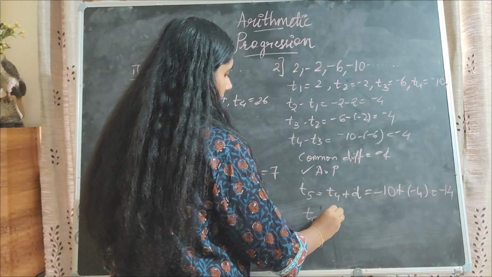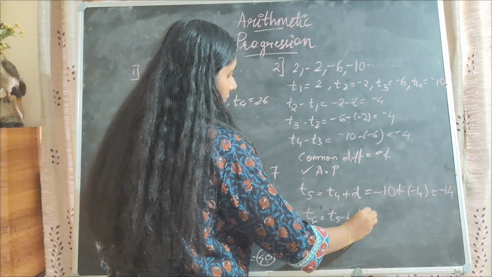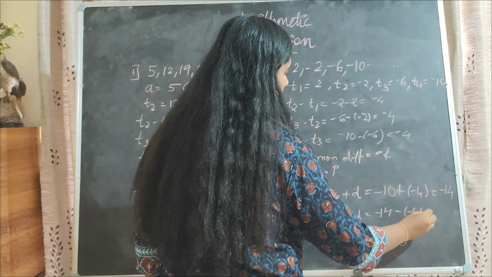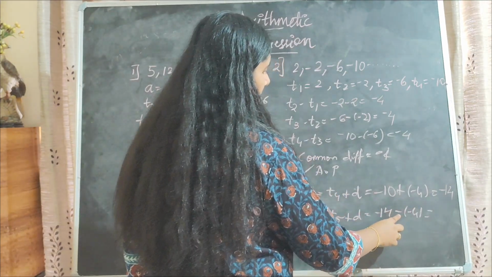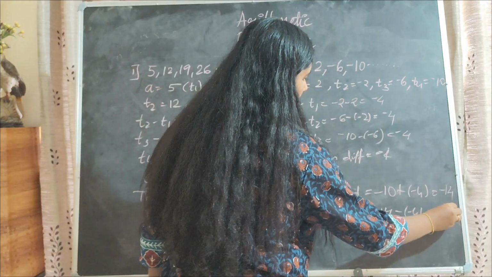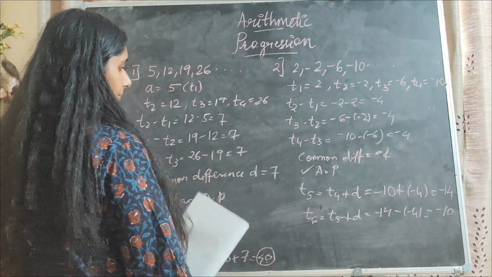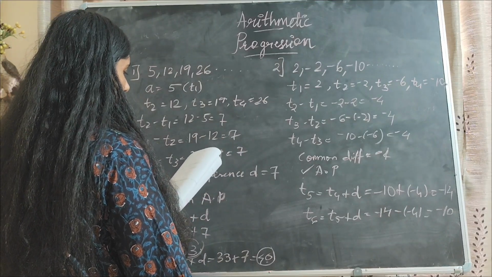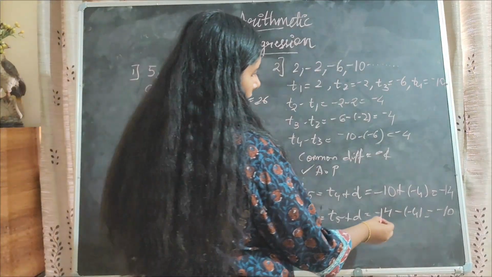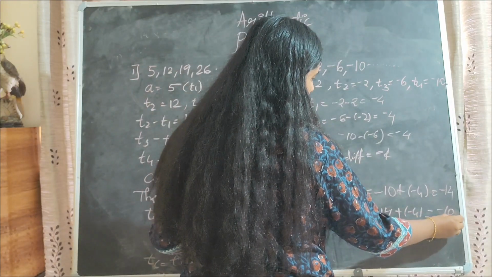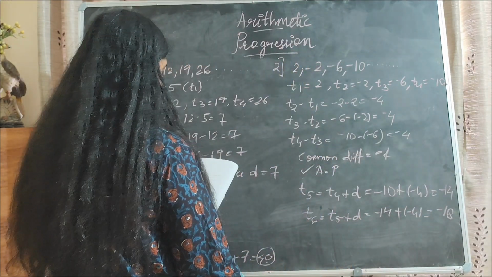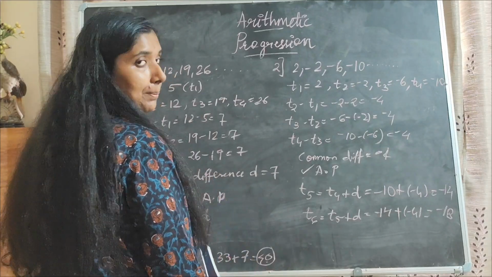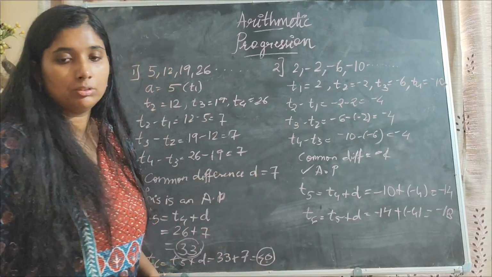T6 is T5 plus D, which is minus 14 plus minus 4, so it will be minus 18. So minus 14 and minus 18 are the next two terms of the AP. Please note this down.